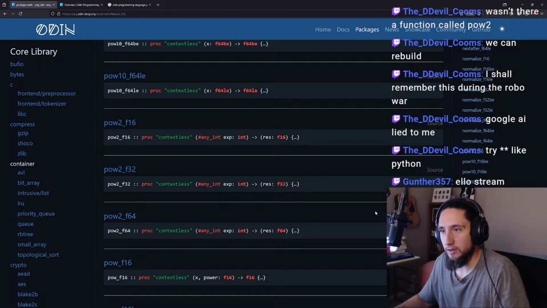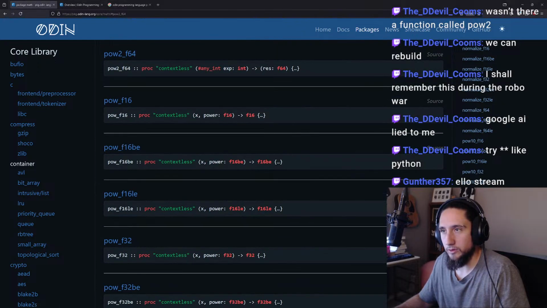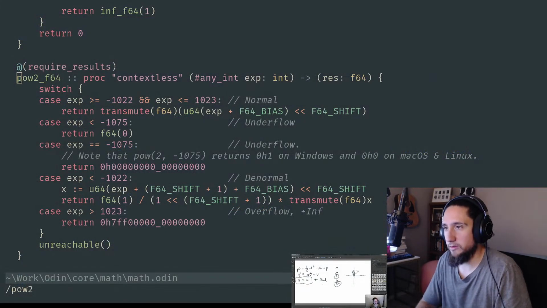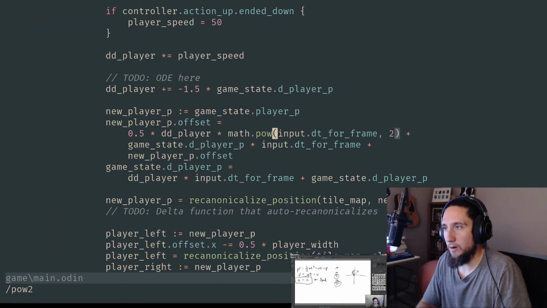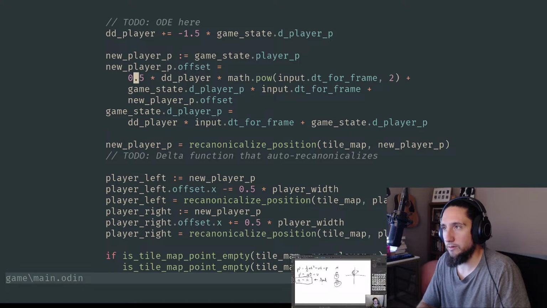It doesn't say what POW2 is doing here, but I would have thought that that would have the same exact outcome as just POW, you know, the thing that you want to square and then, you know, 2.